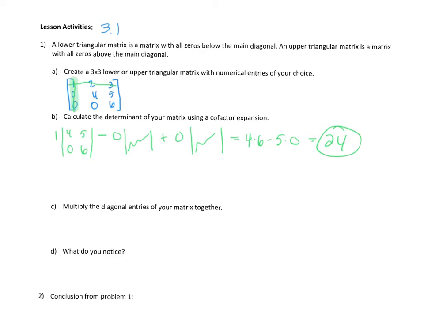All right, so now it says multiply the diagonal entries of your matrix together. So my original matrix, diagonal entries, 1 times 4 times 6 is 24. Oh, hey, that's the same as I got up there. Same as the determinant.